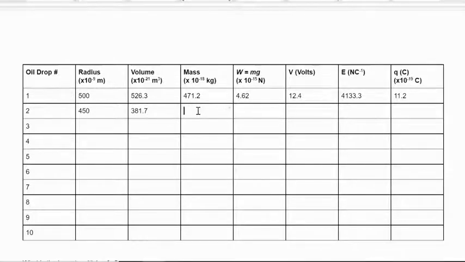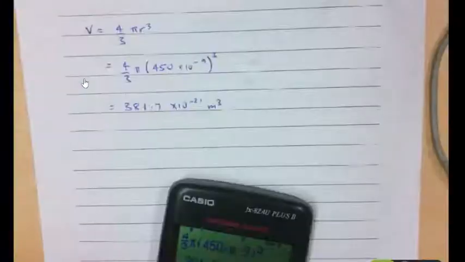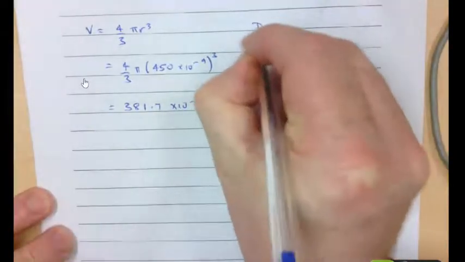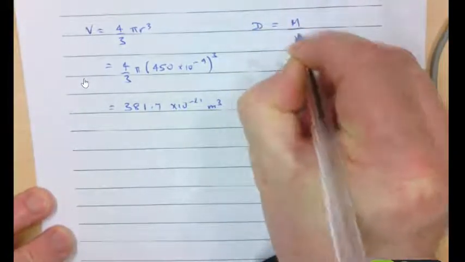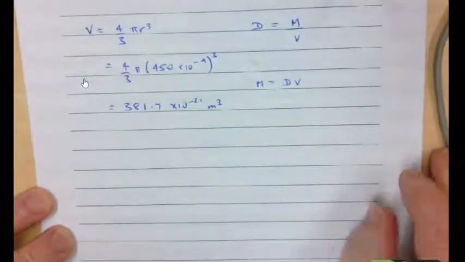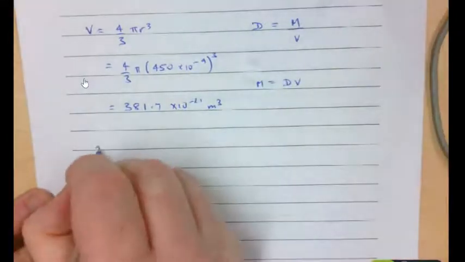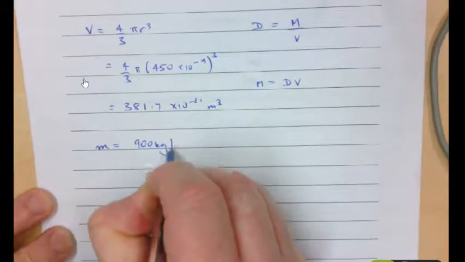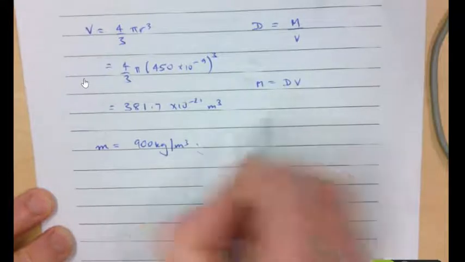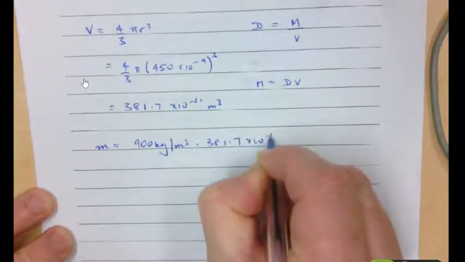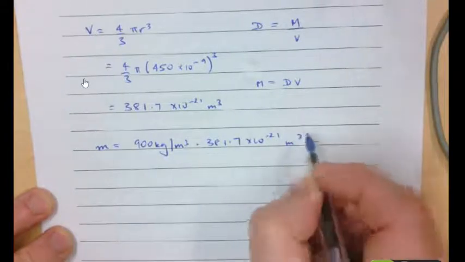We now can work out the mass. To work out the mass, we're going to use the density. The density is equal to mass over volume, so mass would equal density times volume. So the mass would be the density, 900 kilograms per meter cubed, times the volume, which is 381.7 times 10 to the minus 21 meters cubed.